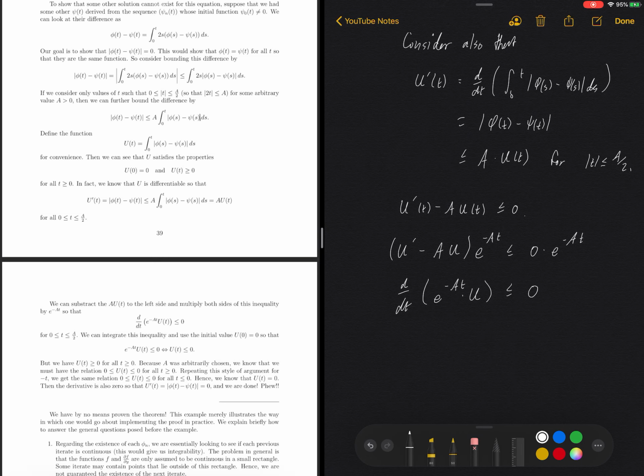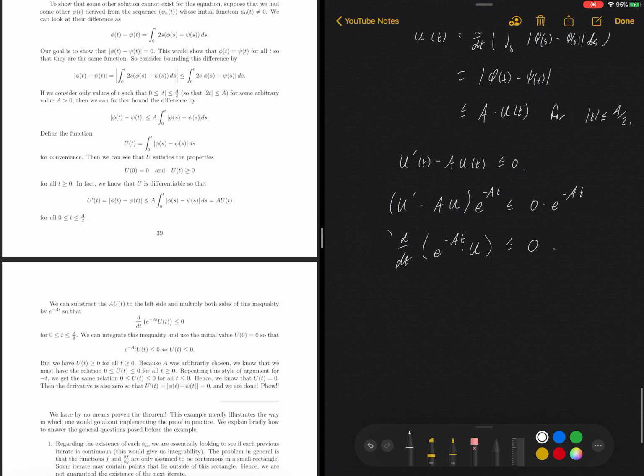Multiply both sides by e to the minus at, and lo and behold, the left-hand side is the product rule on this product of e to the minus a times t times u. All right, we're okay so far. And I know what you're thinking. Just go ahead and integrate both sides and you're done, right? No, sorry, we can't do that. This is an inequality, not an equality.